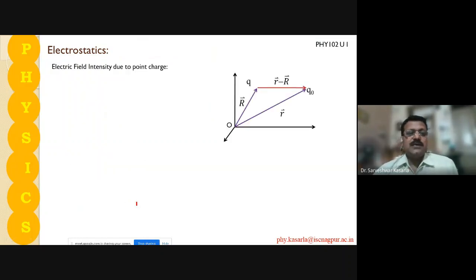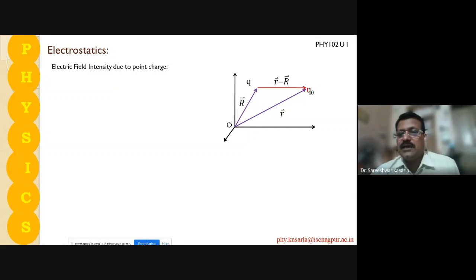So let us see how to find the intensity due to a point charge. We have this charge here, whose electric field intensity is to be measured at this point. At this point, we put the test charge Q0, and the position vector of the charge is capital R, and the position vector of the test charge is small r.